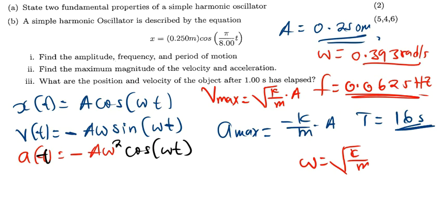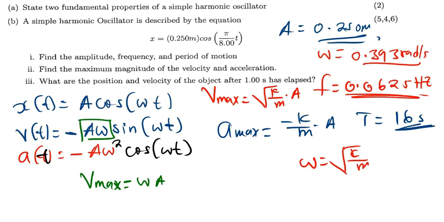So I'll start with the velocity. The v max is equal to the square root of k over m, which I'll replace with just the angular frequency, then times a. When you want to find the maximum velocity, you have the angular frequency and the amplitude. You just get these two.